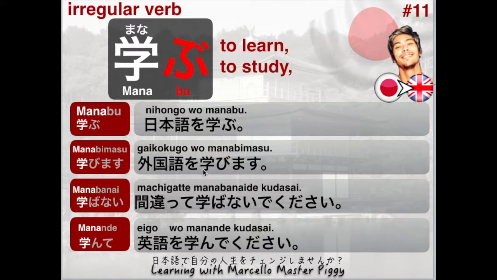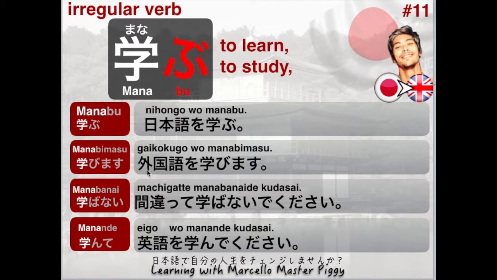外国語を学びます。外国語を学びます。外国, this kanji in the middle means country. And this means outside. So 外国 means foreign countries looking from Japan, okay?